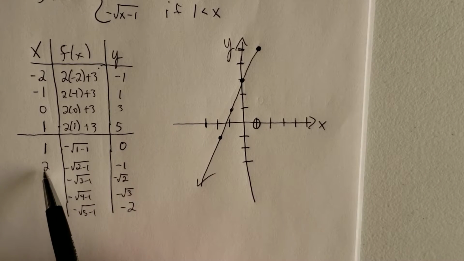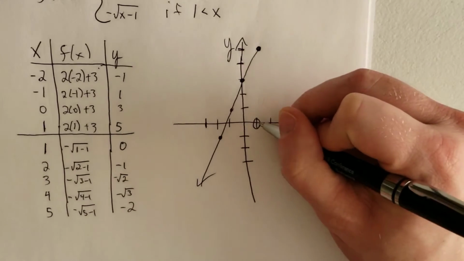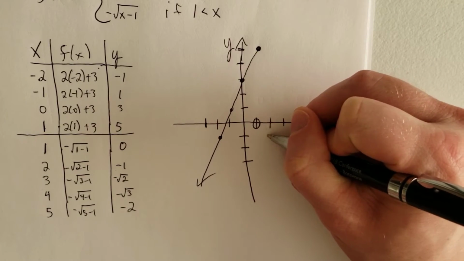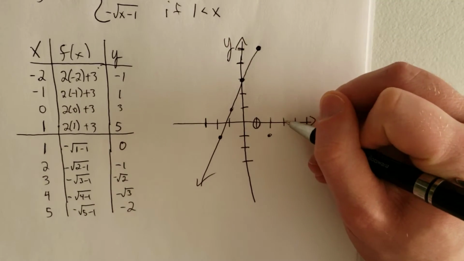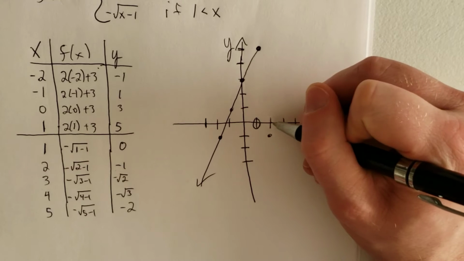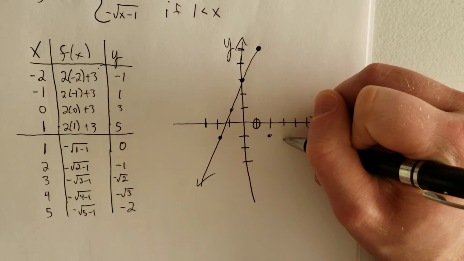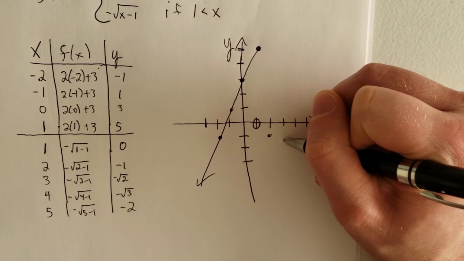Okay, then we need to plug in the rest of these values. 2, negative 1, so go right 2, down 1. 3, negative root 2, excuse me. Negative root 2 is roughly negative 1.4.